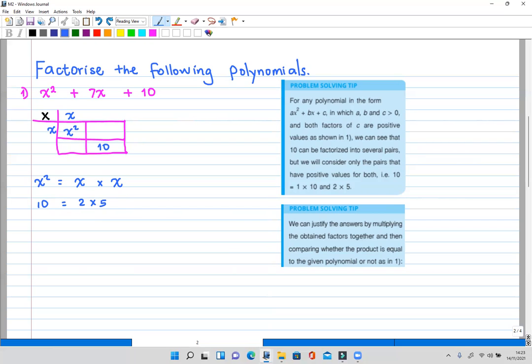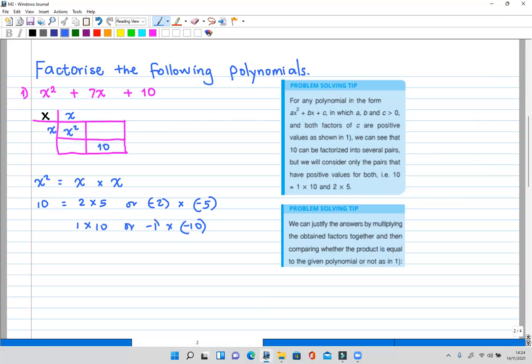And also the negatives, negative 2 times negative 5, negative 1 times negative 10, we are not going to use those, simply because we only need the ones that will result into 7. I hope you get that. Let me write it to make you understand it very well. We have 2 times 5, also negative 2 times negative 5. We also have 1 times 10, also negative 1 times negative 10.